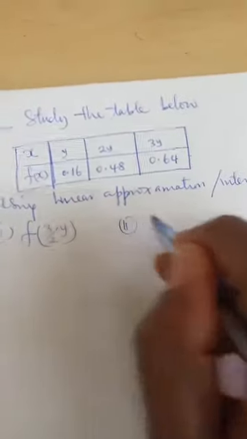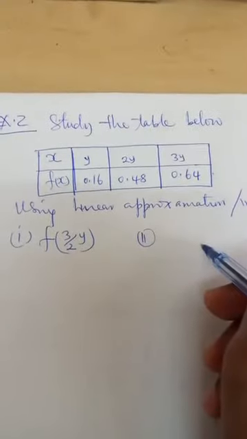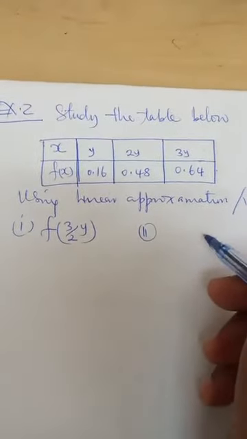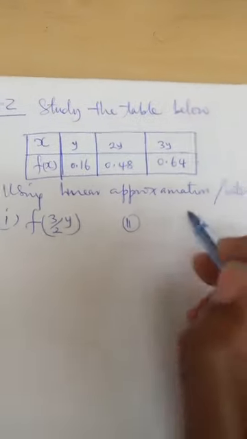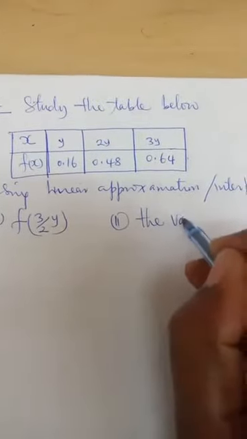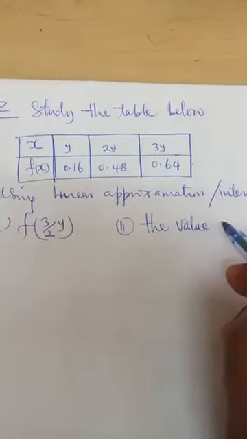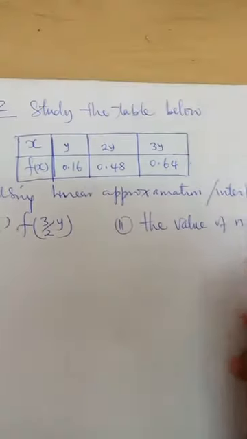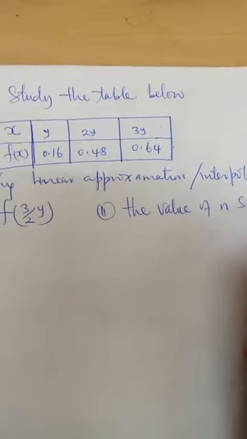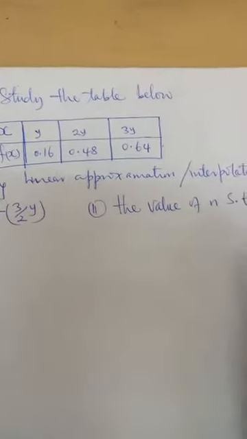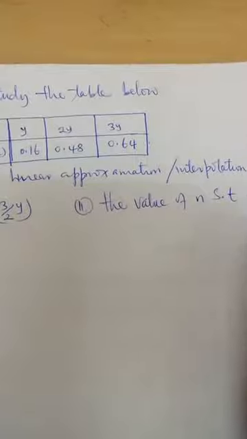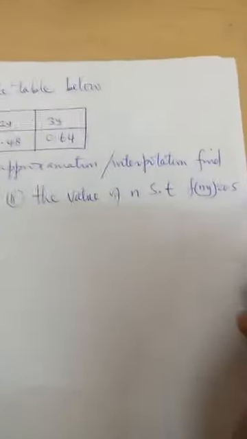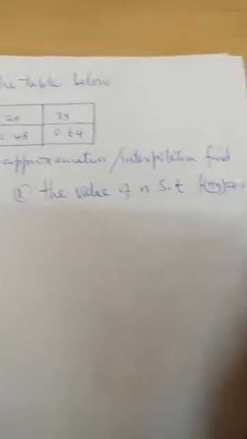And then part 2, there are normally 2 parts on this question, and they take up the 5 marks. This is a section A question if it comes that brief. Then they also want us to find a value of n such that f of ny is 0.5.